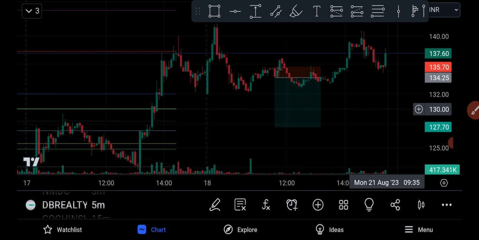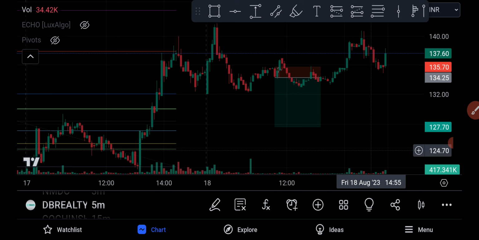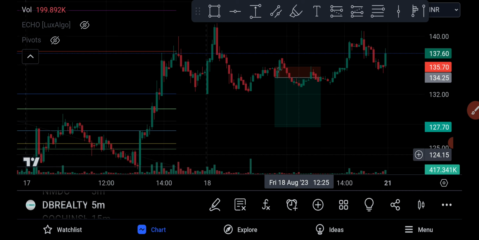So we have to be a little more conscious about these kinds of stocks, especially when the volume is higher. As you can see here, look at the volume, a ridiculous amount of volume, right? And the volatility is important.